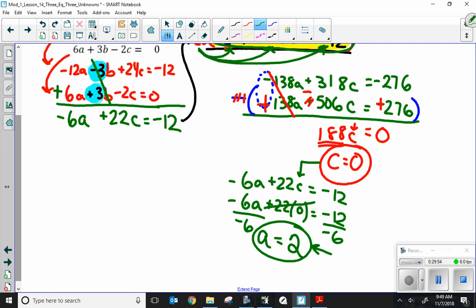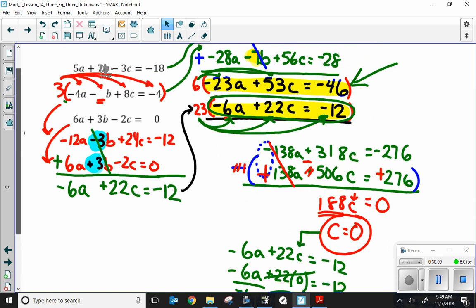Now, I have an A and I have a C. I need to figure out what my B is. So I can pick any of these first three original equations. The one that looks easiest to me is the bottom one because it's equal to 0. And I've got 2 and 3 and 6, which are relatively small numbers.